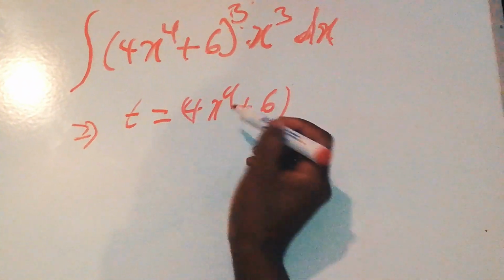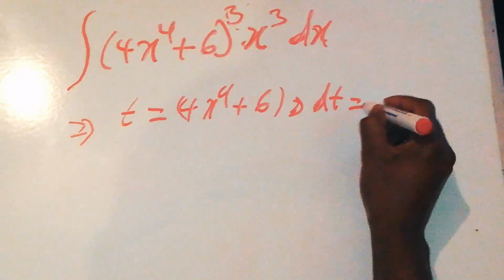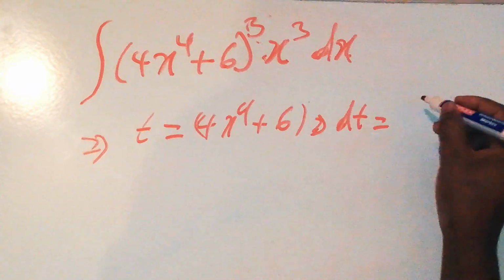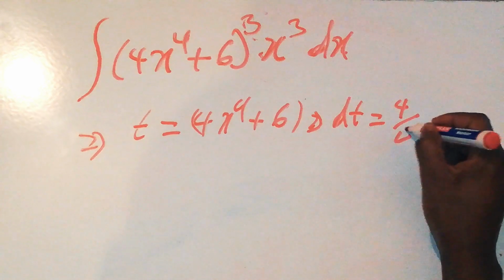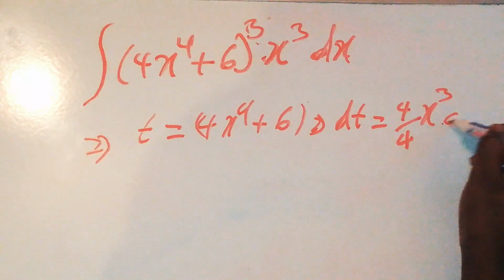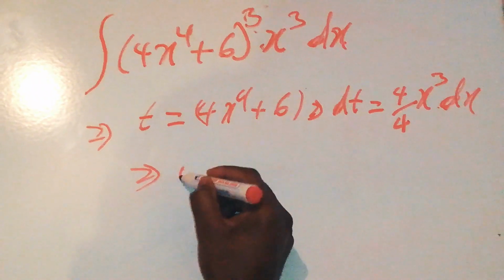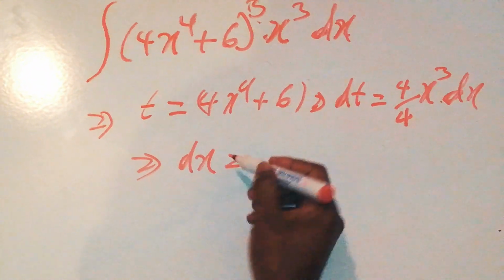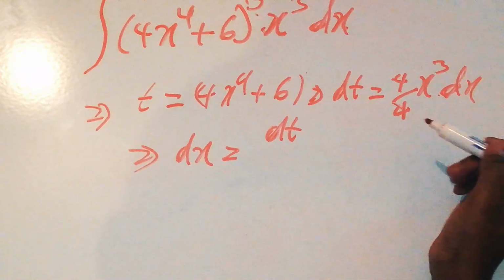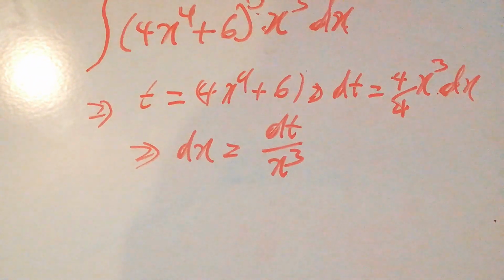Then dt will be equal to 4 over 4x exponent 3, that is dt/dx. Then dx is equal to dt over 4x^3, where the 4s go away.